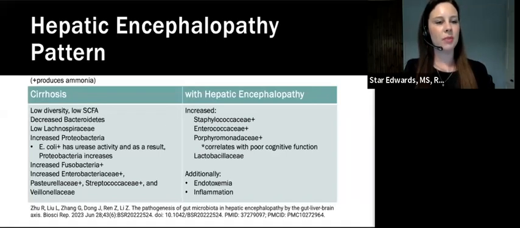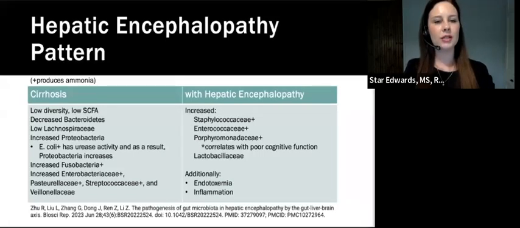We've got decreased Bacteroidetes, but we've got increased Proteobacteria. Usually there's E. coli, and the activity of the E. coli actually will result in increased Proteobacteria phylum overall, and also increased Fusobacteria, which again is very inflammatory, Enterobacteriaceae, Streptococcus and Veillonellaceae.